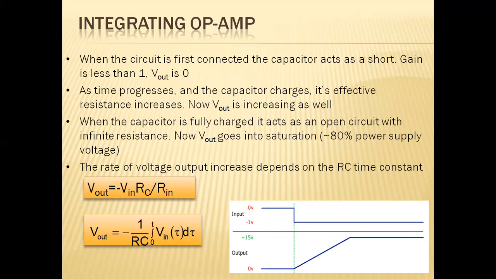When the capacitor is fully charged, the entire circuit acts as an open circuit with infinite resistance and leads the output voltage to a saturation level, most probably about 80% of the power supply voltage.